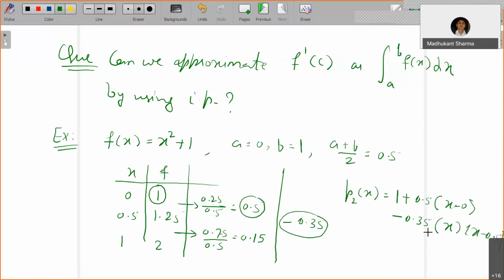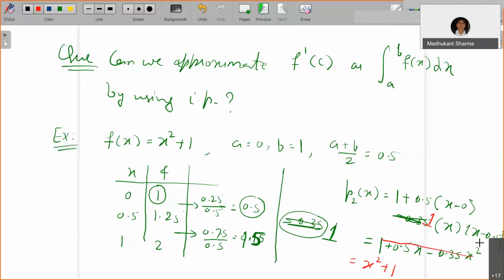Somewhere there should be 1.5 in the third column, second entry. Yes, thank you. So this is going to be 1. Now if you simplify, you will get x square plus 1 only.